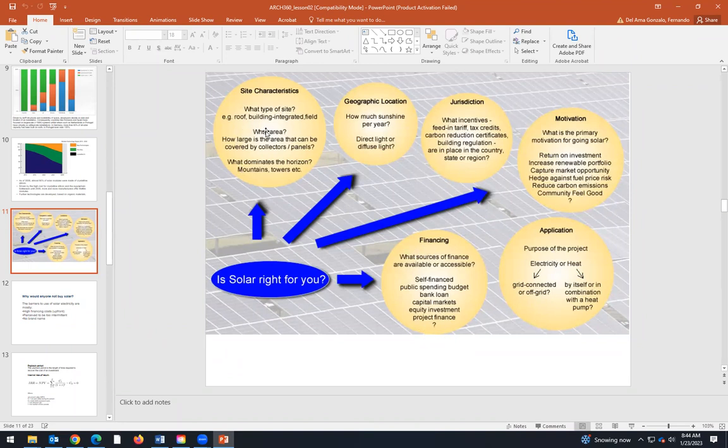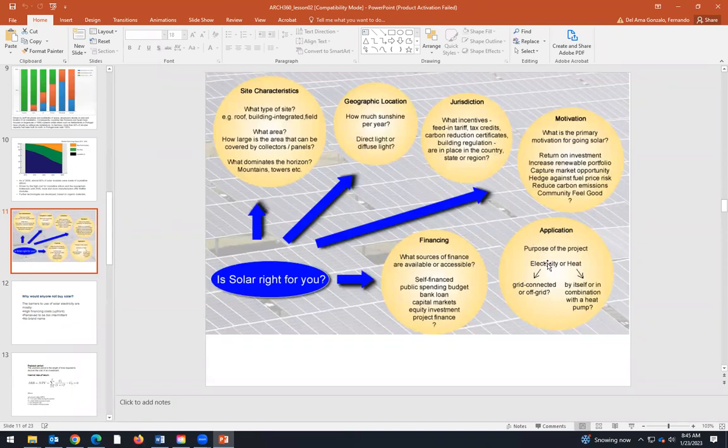Then after analyzing all this, if we go for it, what sources of finance are available? Again, we need to know that because nowadays we can find a lot of opportunities to improve the financing of these solar projects. And finally, we have to apply this.